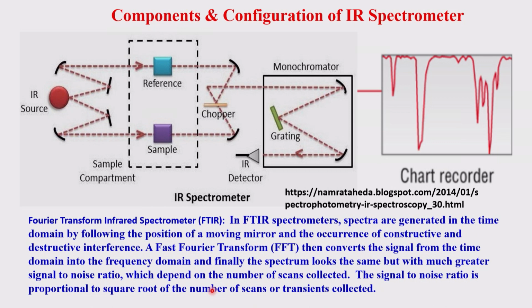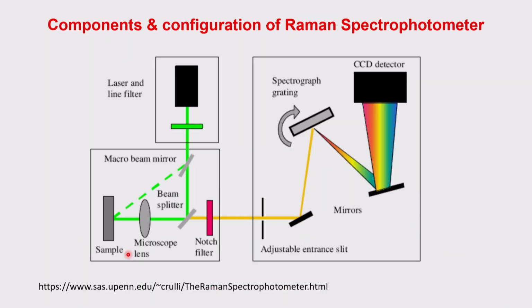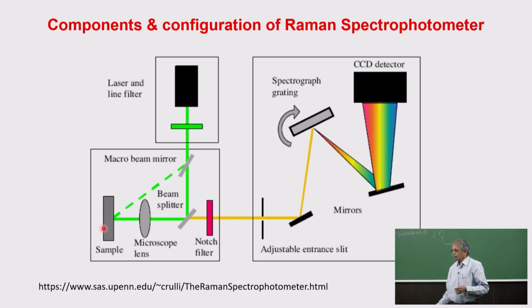So this is for the infrared, very simple. In the case of Raman, it is not like this, because you are not measuring the transmission, you are measuring the scattered light. For the scattered light you use a laser, as I mentioned, since you require a very high intensity beam, and then the sample, and from the sample the radiation comes out scattered in all directions.